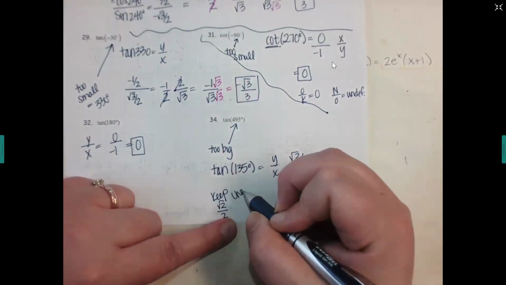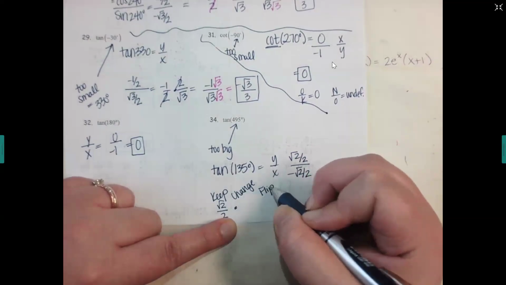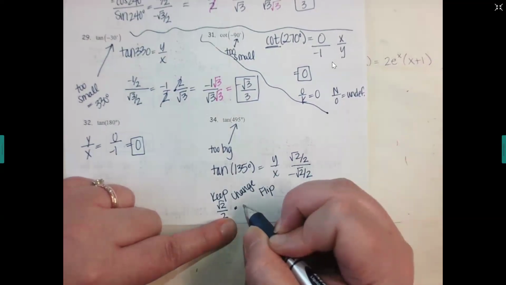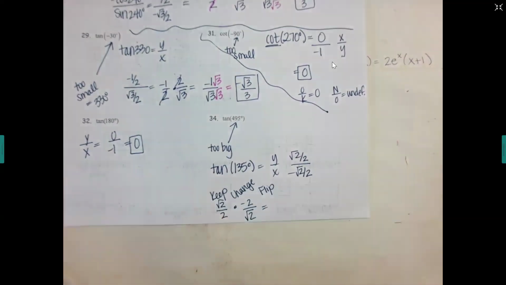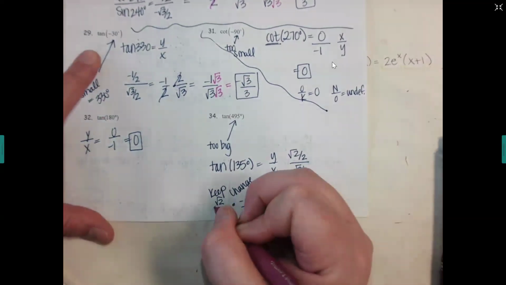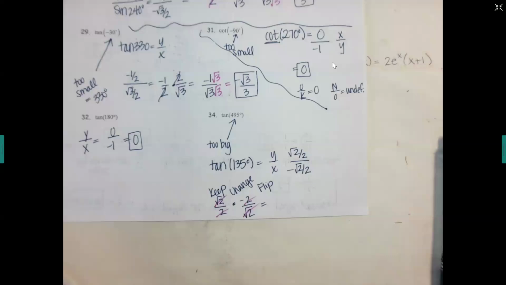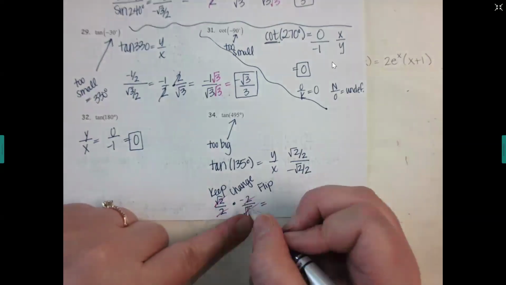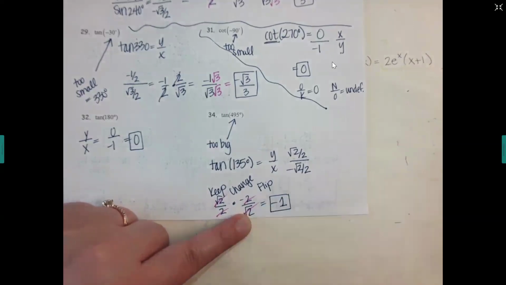I'm going to change it to a multiply. And then I'm going to flip -√2 over 2. So that'd be -2 over √2. Then you'll see basically everything crosses out. √2 are gone. 2 and 2 are gone. The only thing that survives is this little negative, but I have to keep a 1 as a placeholder.